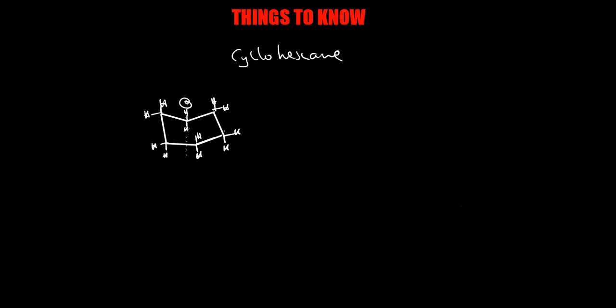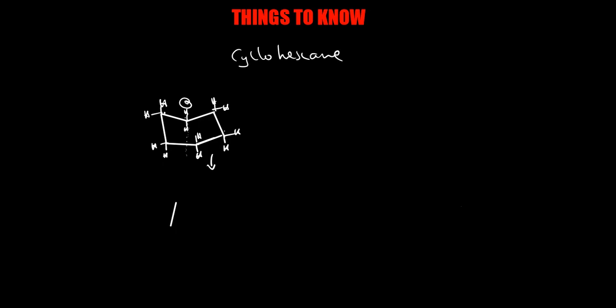So by that we can say cyclohexane undergoes the most stable conformation, and I'm going to tell you. This guy will undergo the conformation that I want to make for you.